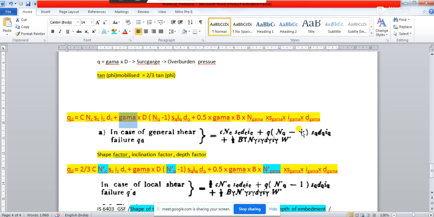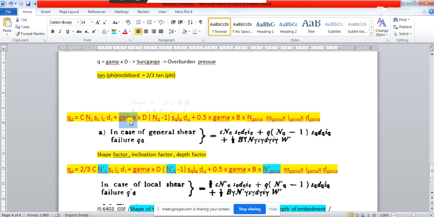Or you can use the exact value of unit weight of soil. If the soil is submerged, you use gamma submerged. If the soil is saturated, you use gamma saturated. If the soil has bulk unit weight, you use gamma bulk.